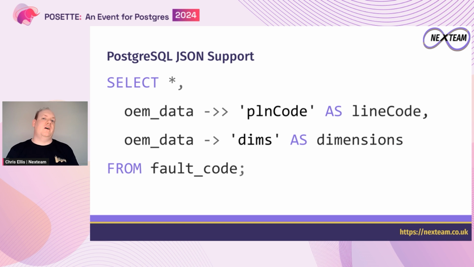But now we want to actually start using this in our application. The really basic thing we want to do is probably just pull a couple of values out of that underlying document. So we've got two arrow-style operators here that let us fetch a property from a document. In these two situations, the double-headed arrow is going to fetch the property PLN code from our column.